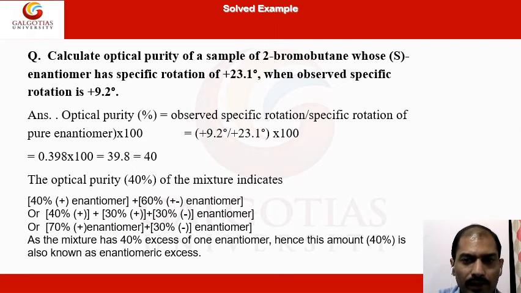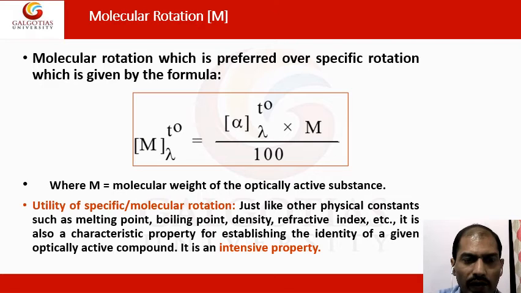Now another term which is very important is molecular rotation. The molecular rotation is preferred over specific rotation, and it is given in the simplest way of representation as M lambda at t degrees equals alpha lambda at t degrees multiplied by M upon 100.